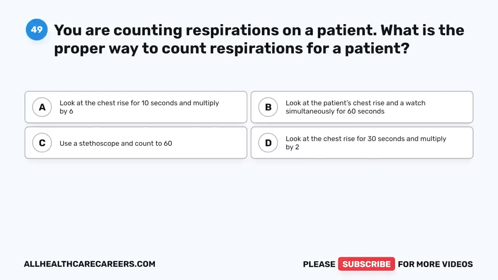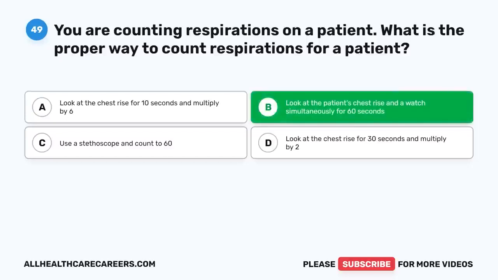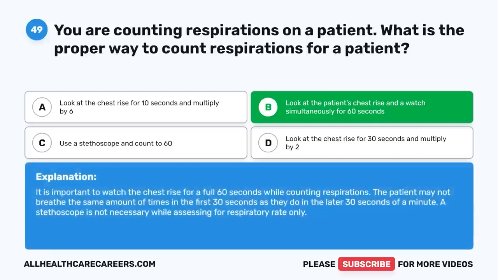D. Look at the chest rise for 30 seconds and multiply by 2. The correct answer is B. Look at the patient's chest rise and a watch simultaneously for 60 seconds. It is important to watch the chest rise for a full 60 seconds while counting respirations. The patient may not breathe the same amount of times in the first 30 seconds as they do in the later 30 seconds of a minute. A stethoscope is not necessary while assessing for respiratory rate only.